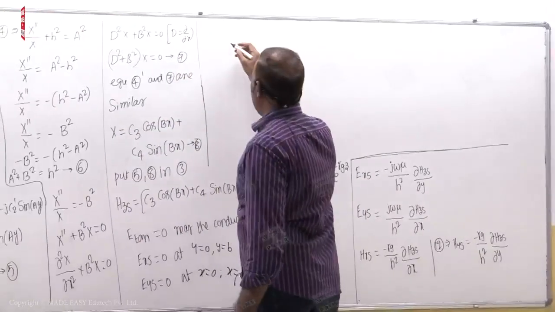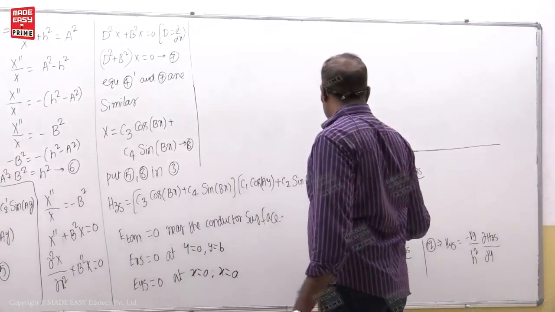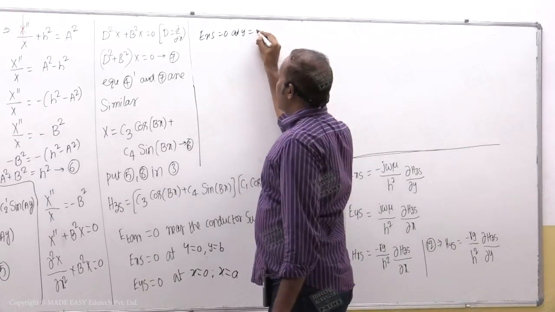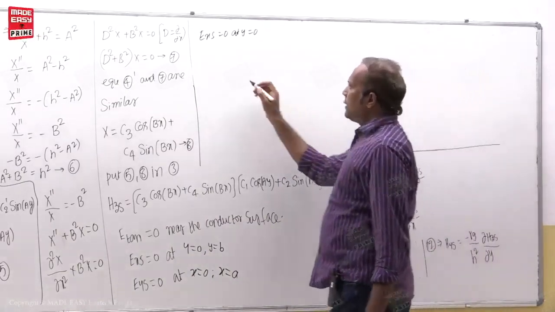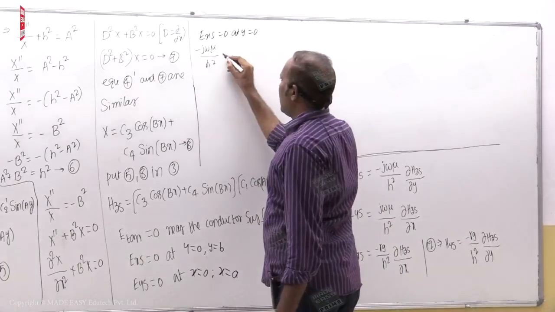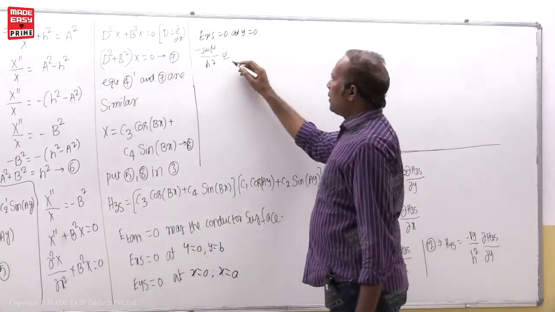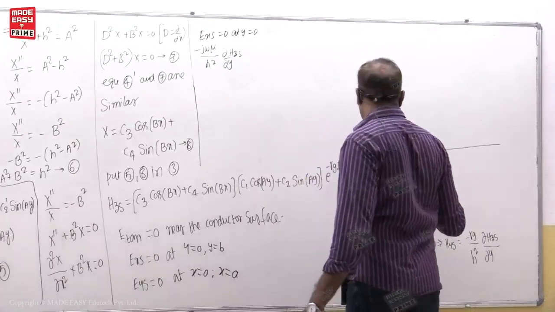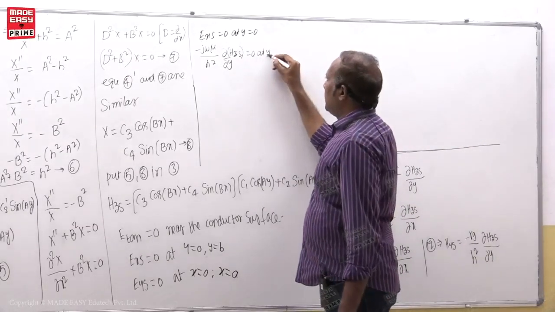Here itself I will do so that you will be comfortable. EXS is equal to 0 at Y is equal to 0. That means this is EXS. So EXS is 0 at Y is equal to 0. What is EXS? This one. That means minus j omega mu divided by h square, then dou by dou y of Hz, this one, is equal to 0 at y is equal to 0.